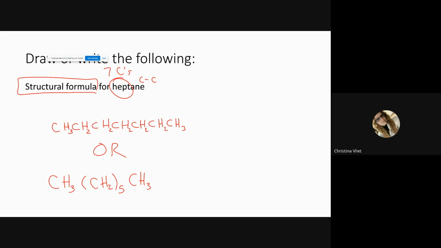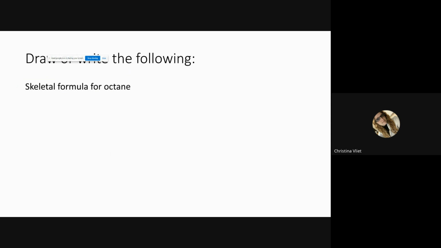Okay, skeletal formula for octane. What do we do here? Oct. 8. 8 carbons in a row. But we don't actually draw the letters for skeletal, right? We just draw them as ends of line segments.